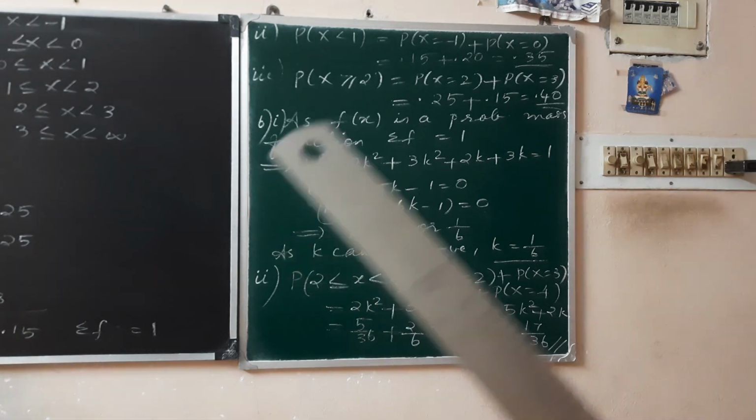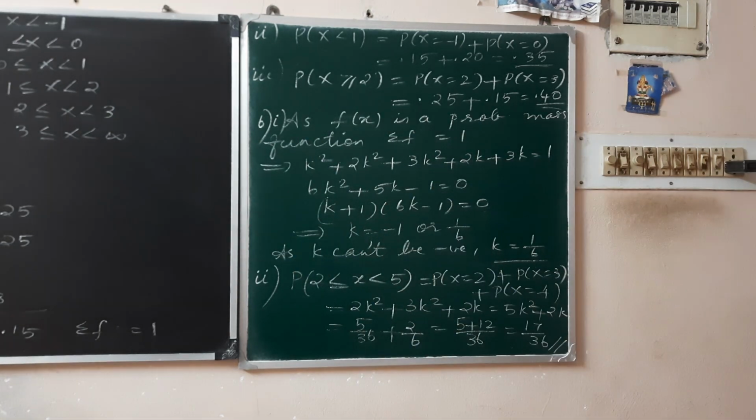Sum plus 5 and product minus 6 means this will be the way. So k should be either minus 1 or 1 by 6. Since it's a probability mass function, if k becomes minus 1, some of the probabilities will become negative, which is not possible. As we all know, probability values should always be from 0 to 1. Therefore k should be 1 by 6.